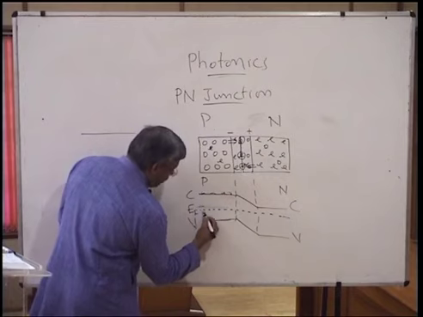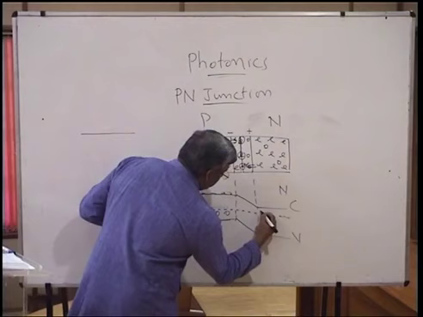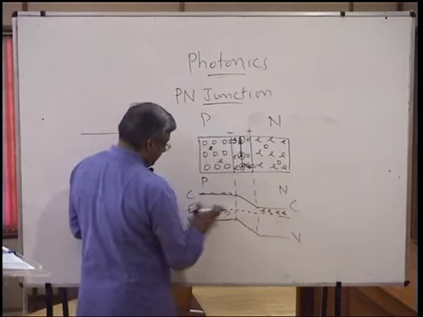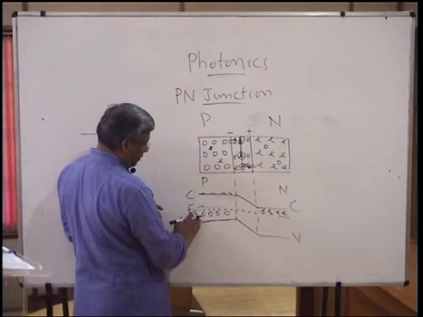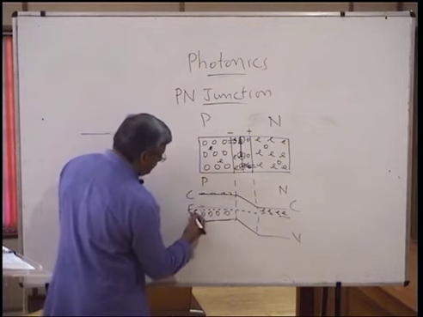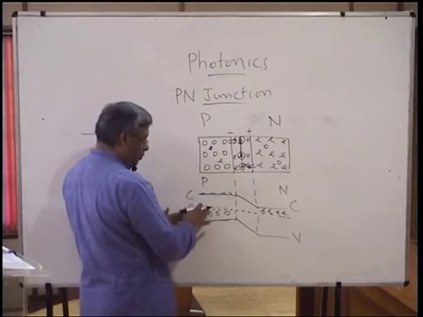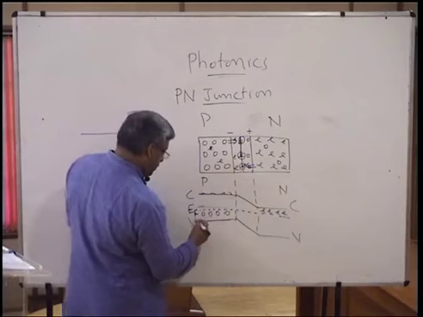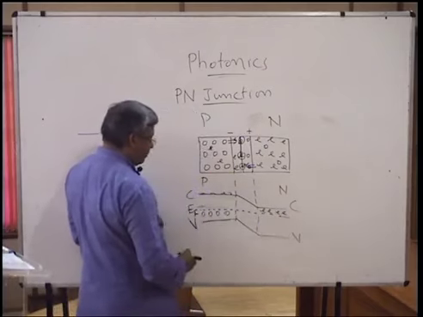I have told you, valence band will be filled with holes and conduction band will be filled with electrons. And the level of filling at absolute zero temperature is what is called the Fermi energy level. F stands for Fermi. So it is the highest filled level for both holes and electrons, holes filling the valence band and electrons filling the conduction band.